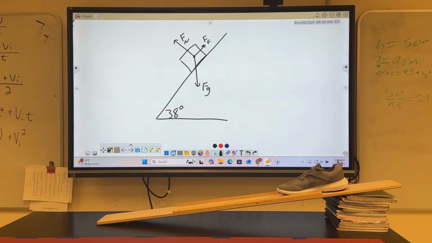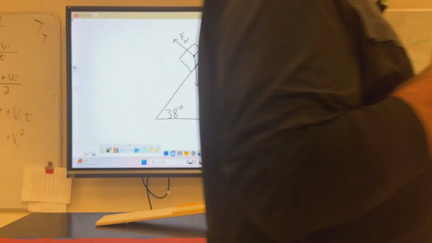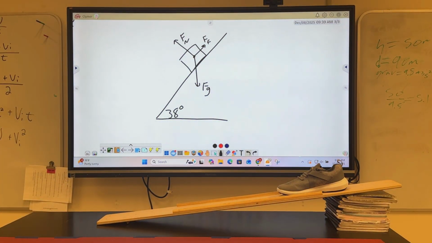The shoe will still stick at 38 degrees. Rerun your triangle and rerun the math and see if the coefficient of friction stays the same. Is it still 3 newtons? Yeah, same shoe, same weight, 3 newton shoe.